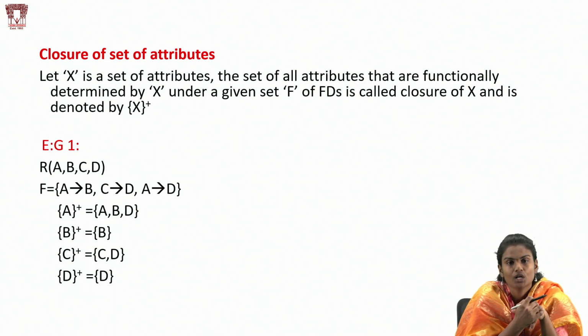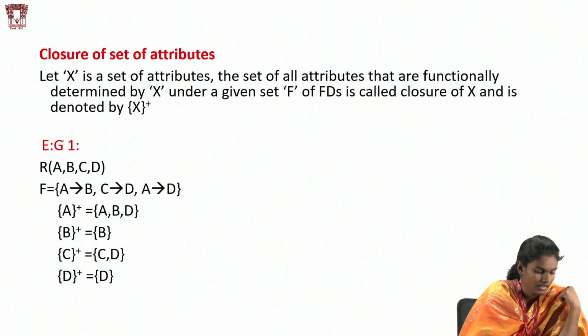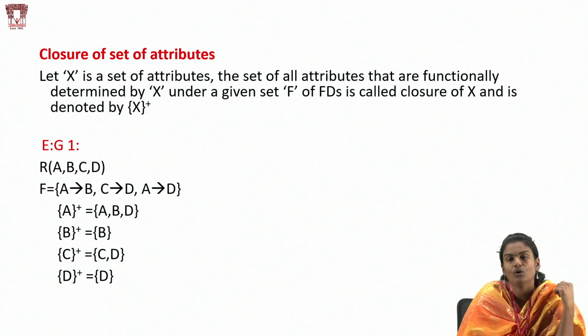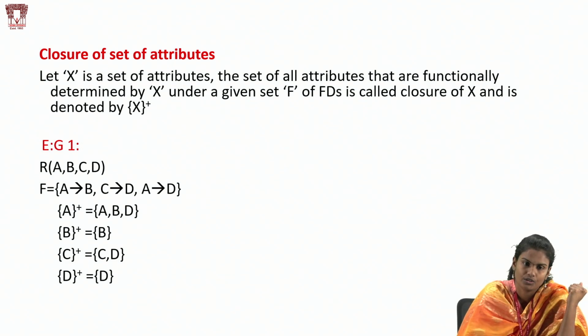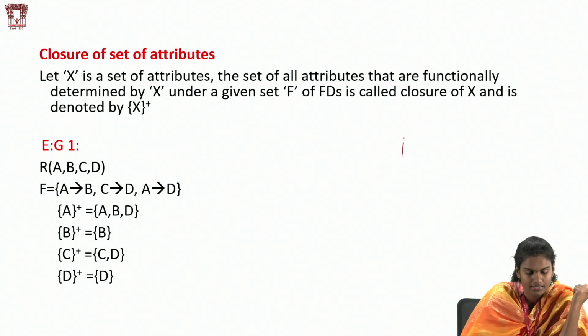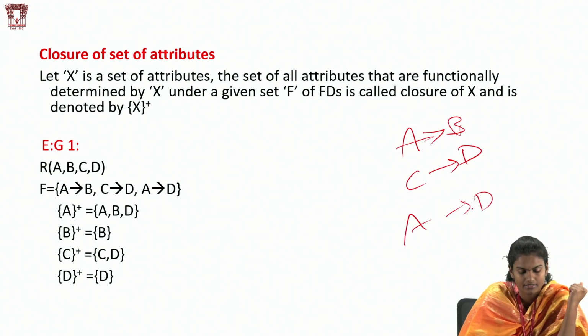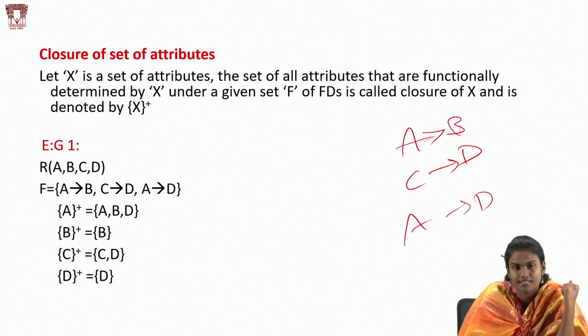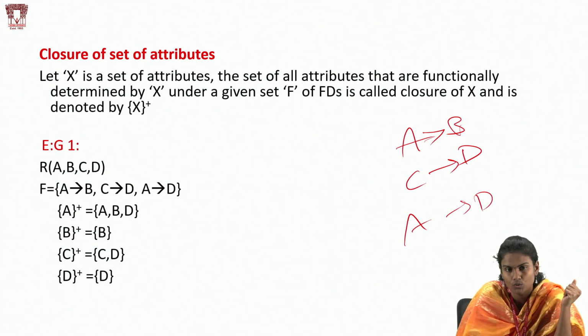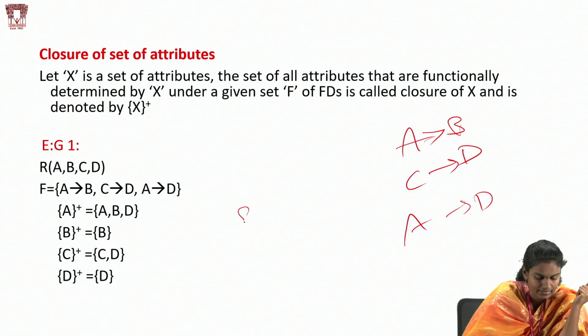Now, let's find the closure of a set of attributes. This is the example. On this relation, we are going to find out the closure. Here the functional dependencies are A determines B, C determines D, A determines D. Some random functional dependencies. Now, how do we find the closure? We will write it in braces like this.